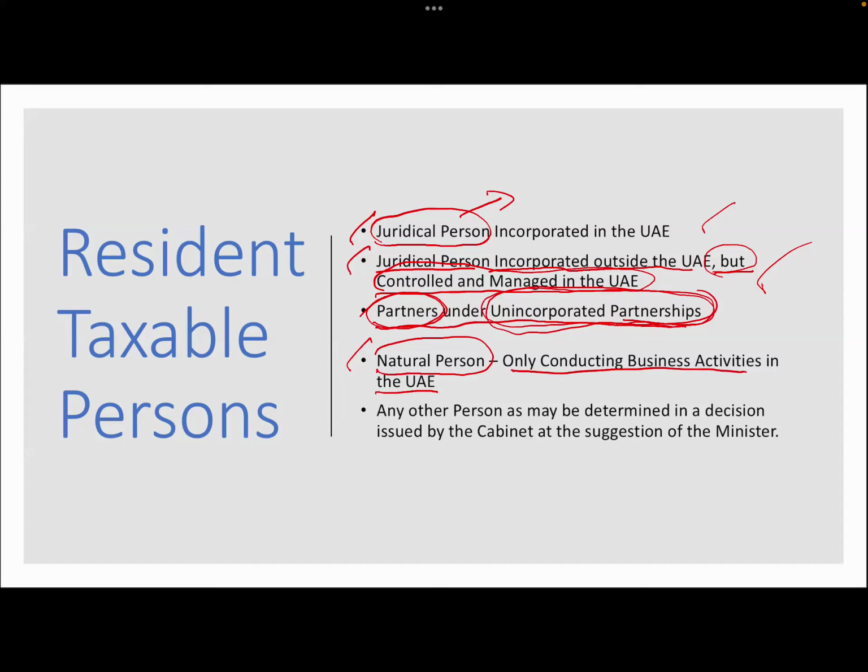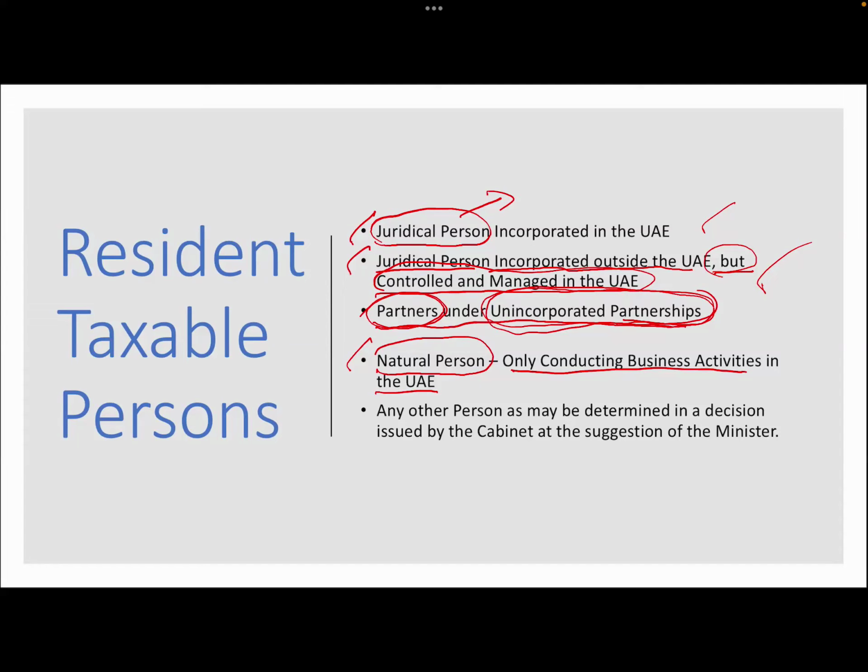Now you may ask the question: how come a natural person is taxed if conducting a business in the UAE, so that means they have to have a trade license, right? No. When I talk about specific natural persons, for example, YouTubers, social media influencers, and those kinds of people, they are also taxed.